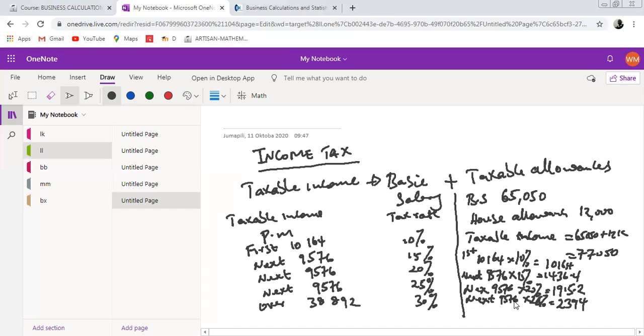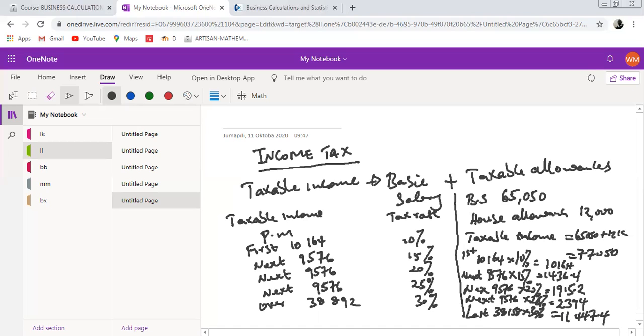You find that we have taxed 38,892. So how much has not been taxed? The difference will give us the amount that has not been taxed. So we have 77,050 minus 38,892. You get that what we have not taxed, which is going to be our last slab, is 38,158. This is what we are going to tax at 30%.